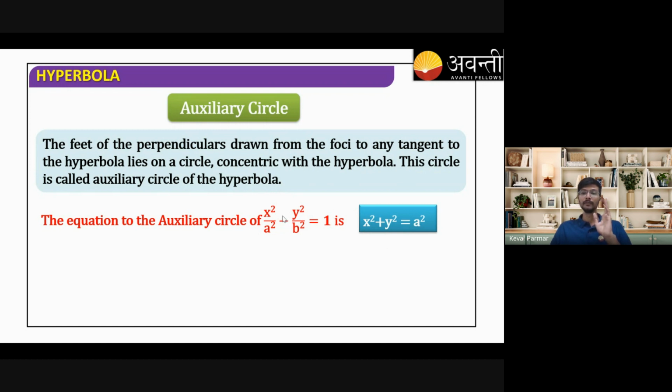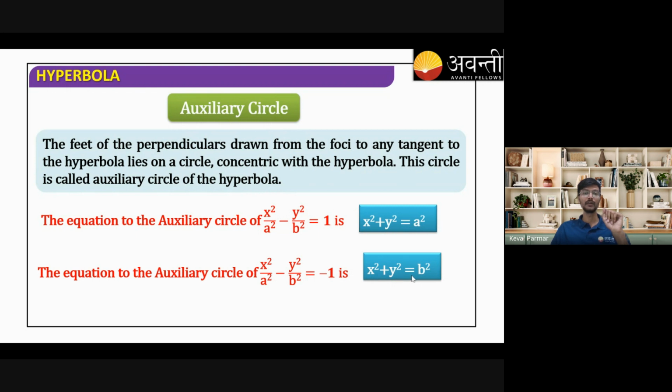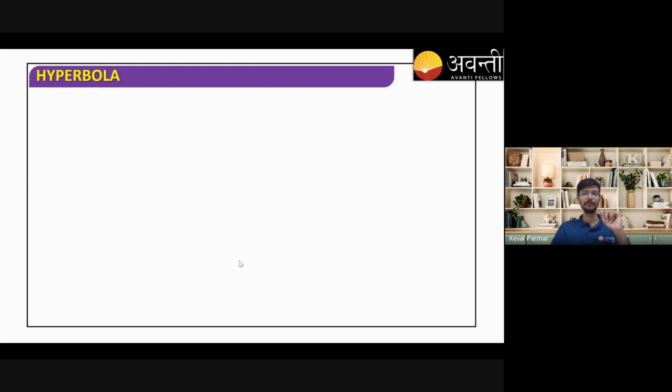Please listen carefully, guys. What will be the equation of this auxiliary circle? Here, the transverse axis is the y-axis, so the radius will be b. So it will be x square plus y square equals b square. I hope it is clear.